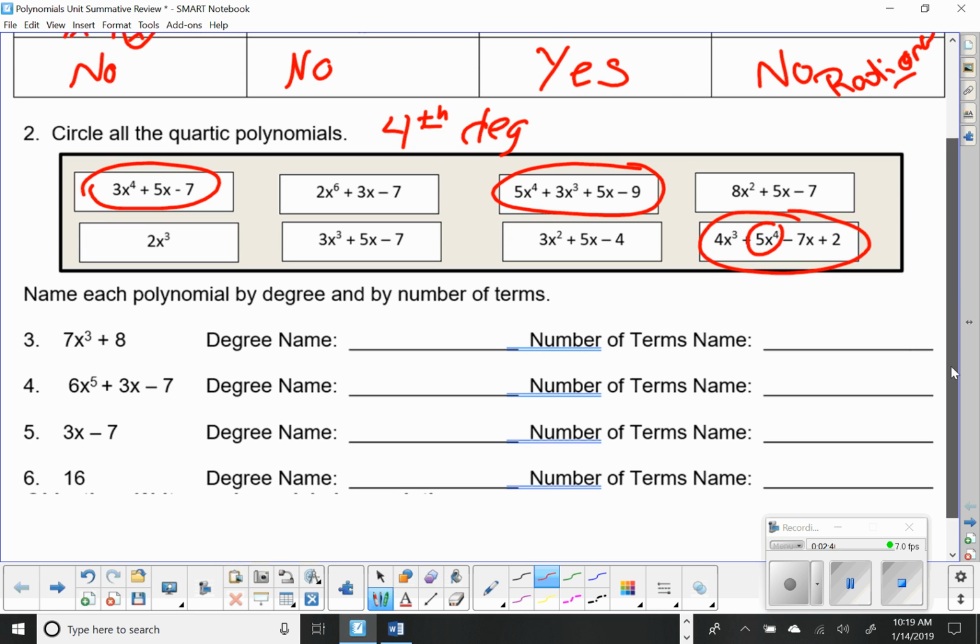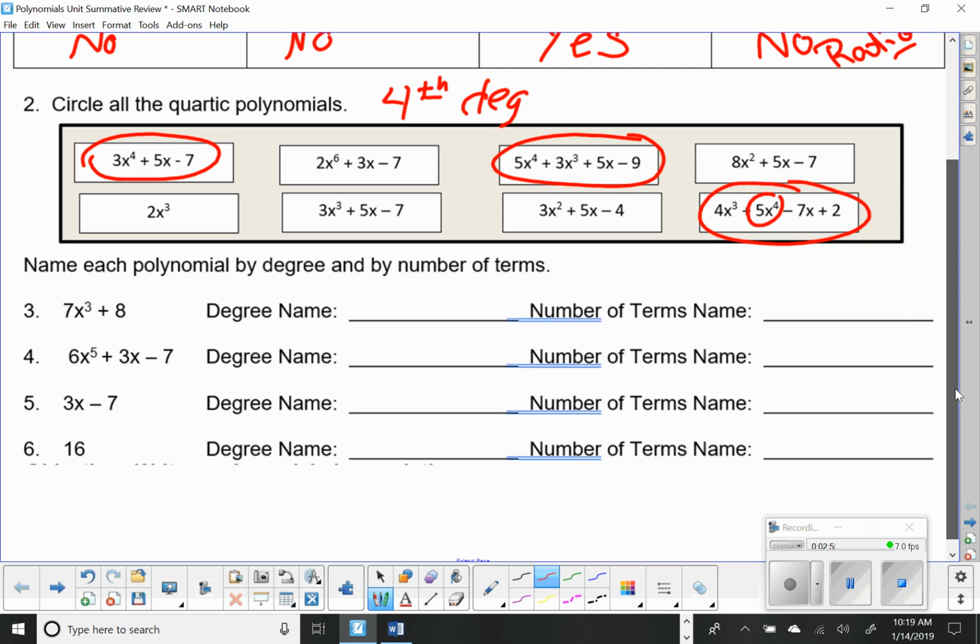Remember that we have constants, then we have linears, then we have quadratic, cubic, quartic, quintic, and then we just have 6th degree, 7th degree, 8th degree. We really just don't memorize all those other names. Now, naming each polynomial by degree and by number of terms. Degree is by the largest degree.